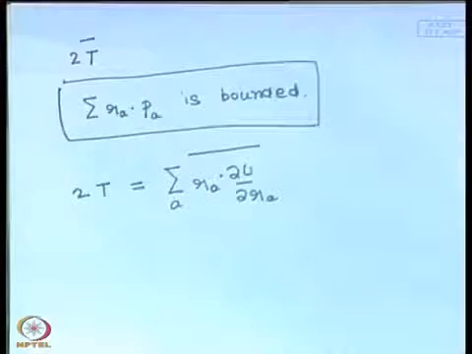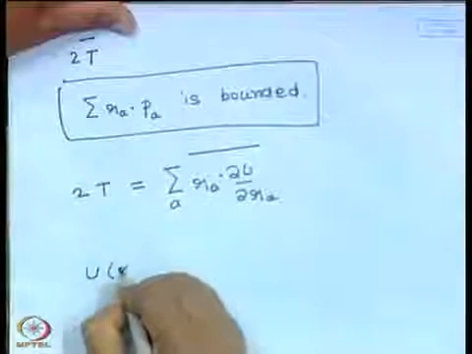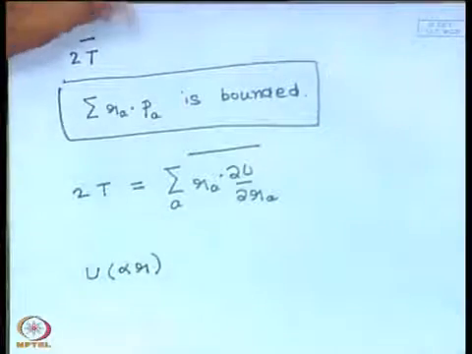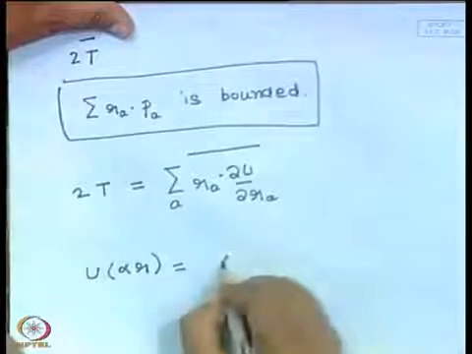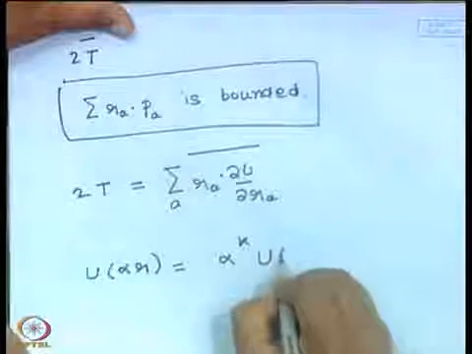In the last class we were discussing what happens when the potential is homogeneous. So let us again assume that the potential is homogeneous. So U(alpha r), if I scale all the r's by a value alpha, we will assume goes to alpha to the power k times U(r).